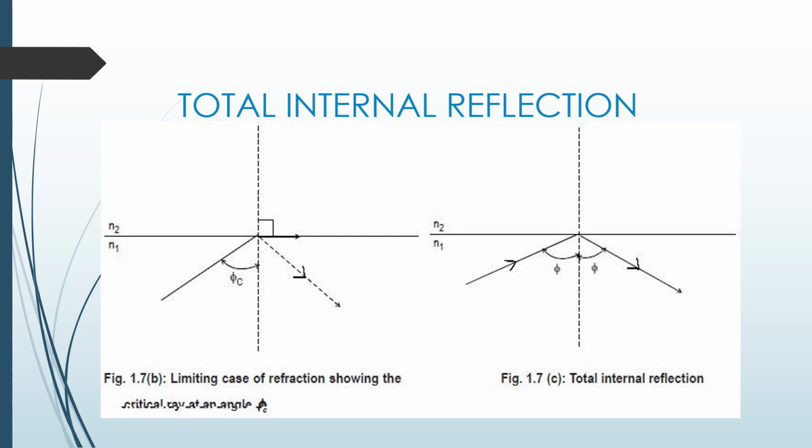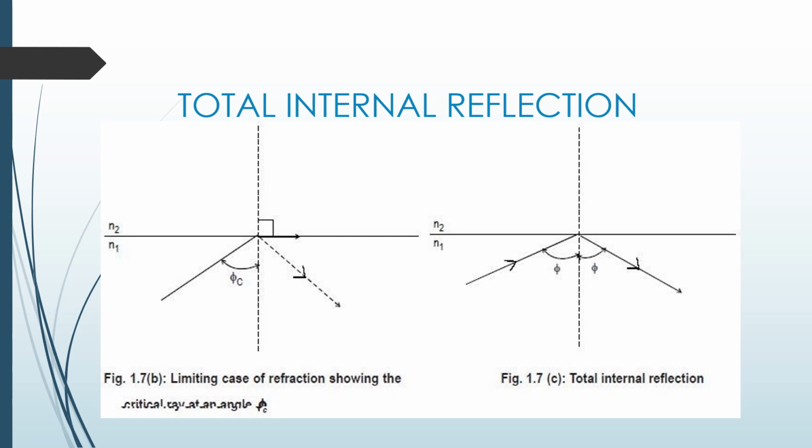Here we have two media having different refractive indexes, refractive index N1 and refractive index N2. In our optical system, the core has refractive index N1 and the cladding has refractive index N2. The core has a higher refractive index than the cladding, so N1 is greater than N2. When light travels from one medium to another, refraction occurs.